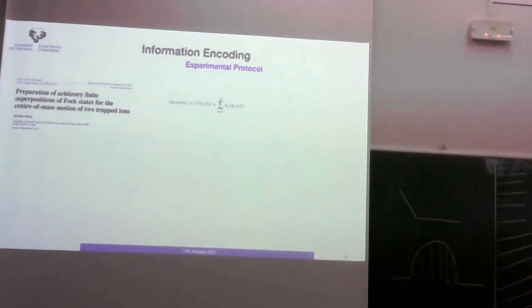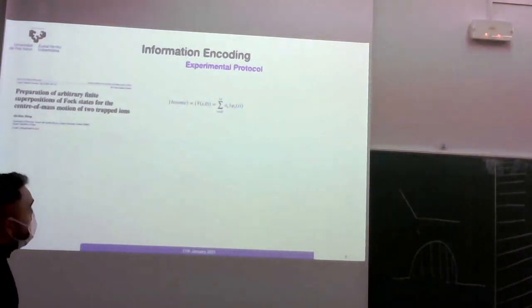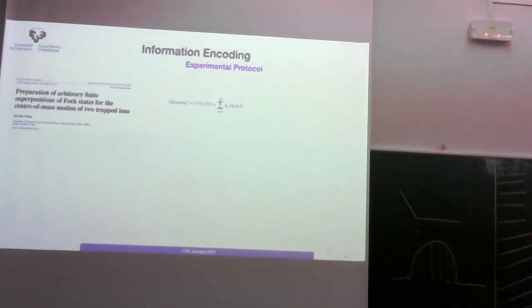It's quite difficult with respect to the experimental implementation. So this is the point. We want to load a state which depends on the first 15 Fock states. So we have this protocol which guarantees fidelity over 0.9 for the first 4 or 5 Fock states.